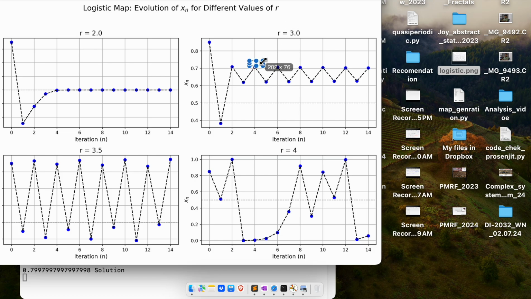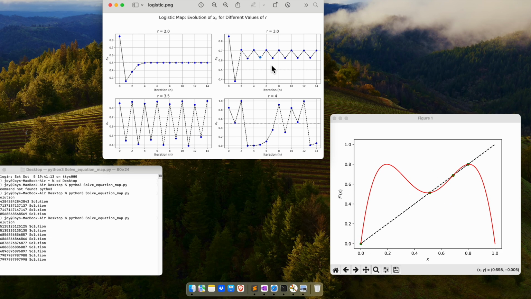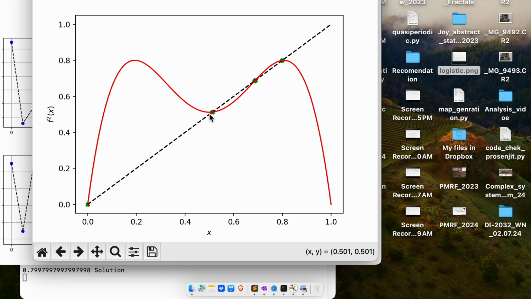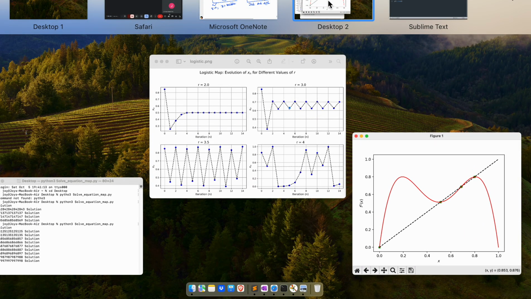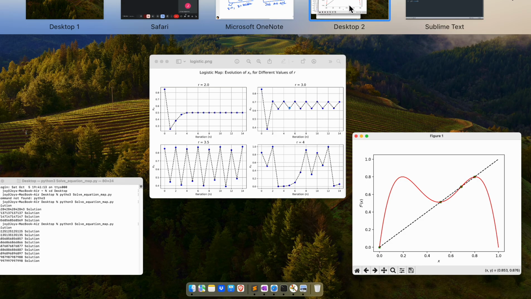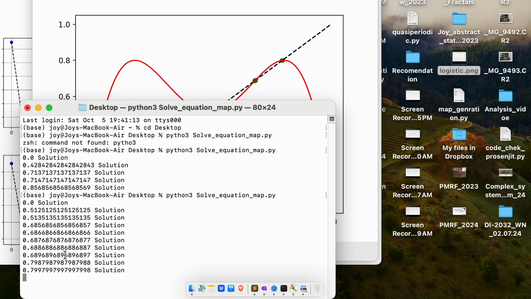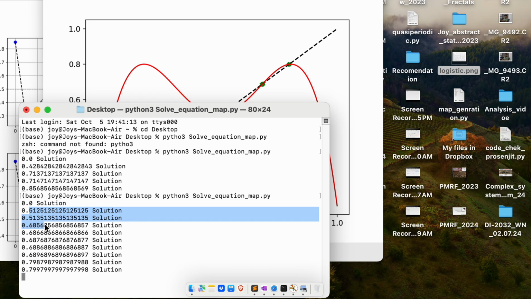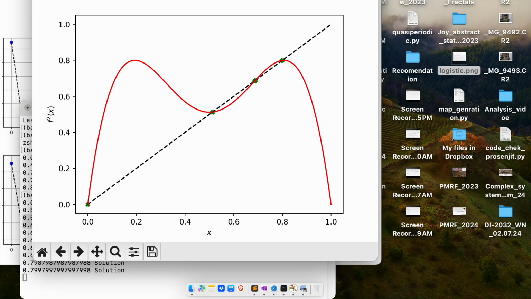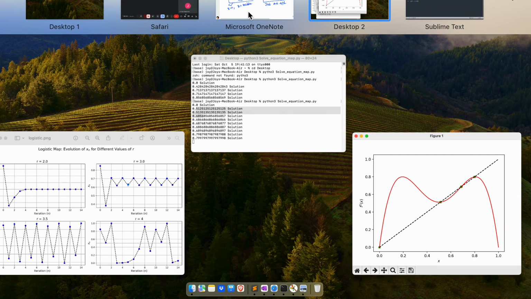So its value is, if you see here, one is 0, then one is 0.51 and another is 0.68. That's it.